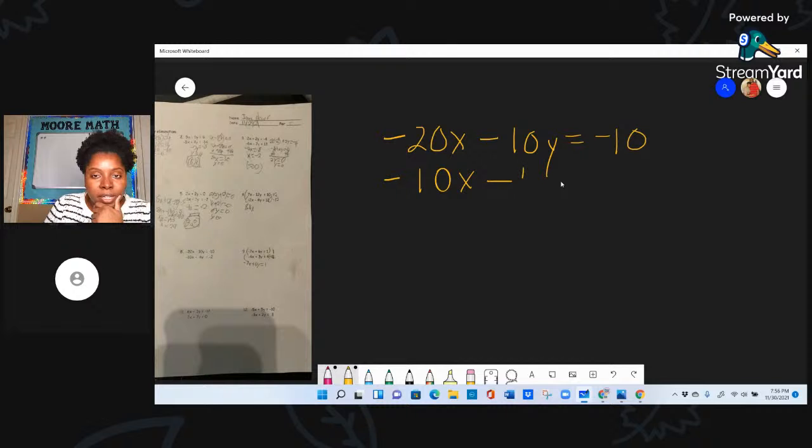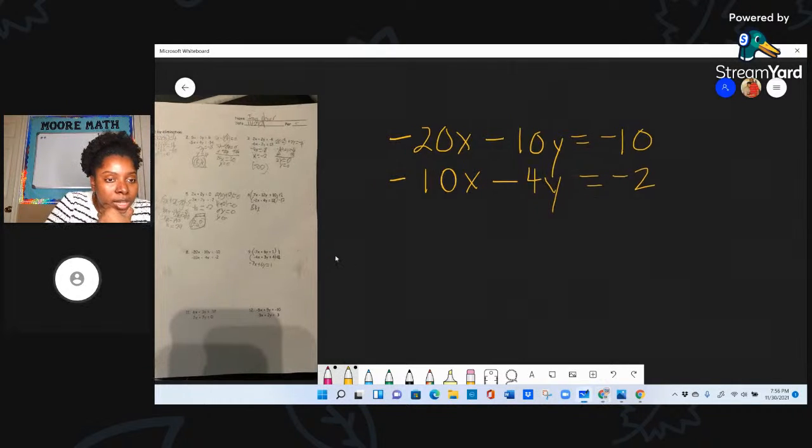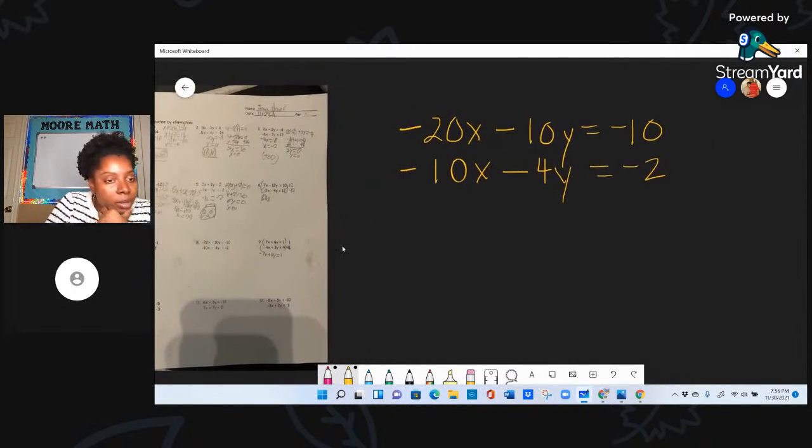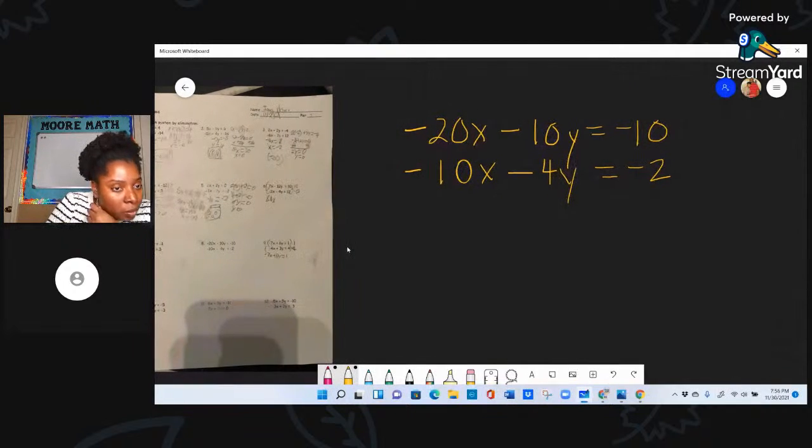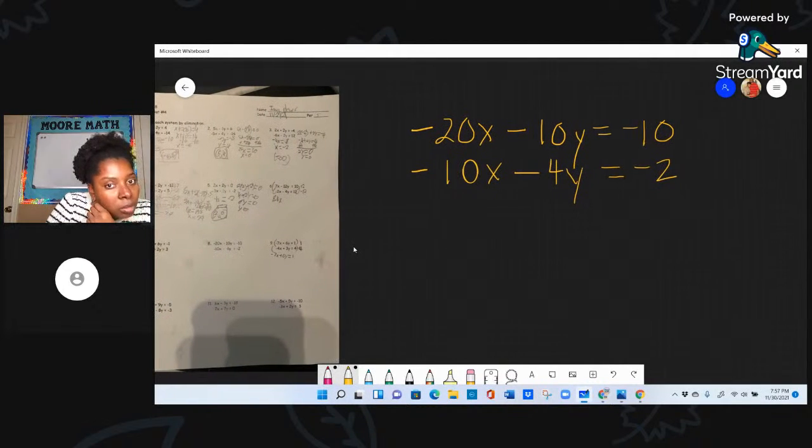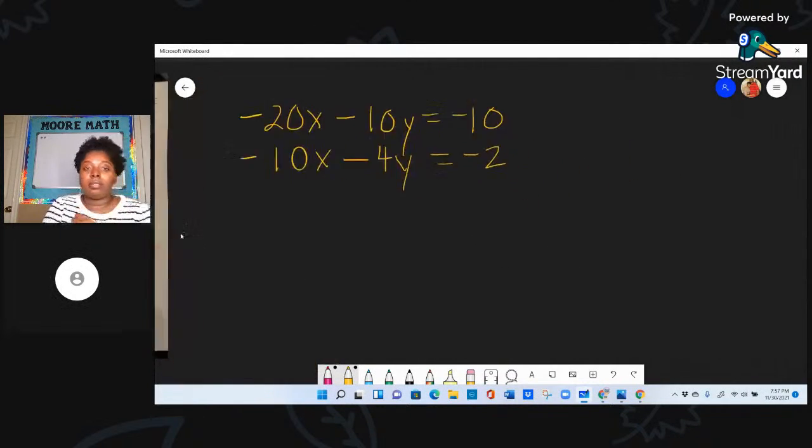Is it -4y for number 8? For -20, it says -20x. Is that a -10y on your paper? Yeah, it's like faded. And then was it -10x minus 4y equals -2? Yeah. Okay, just making sure.